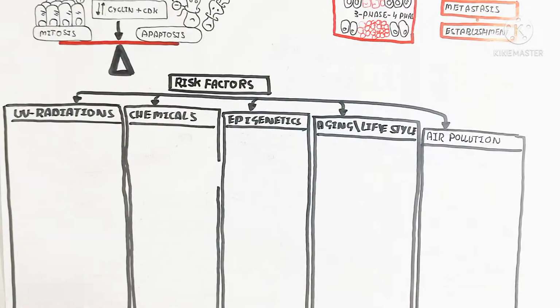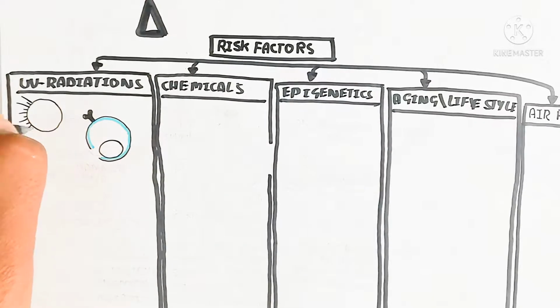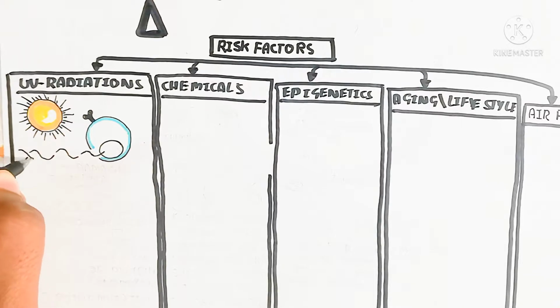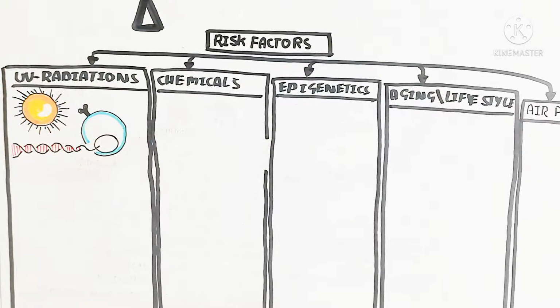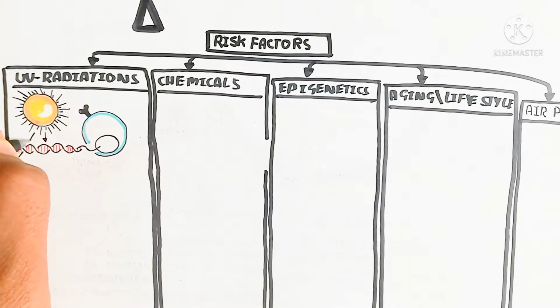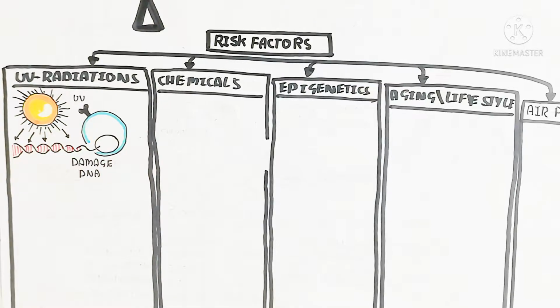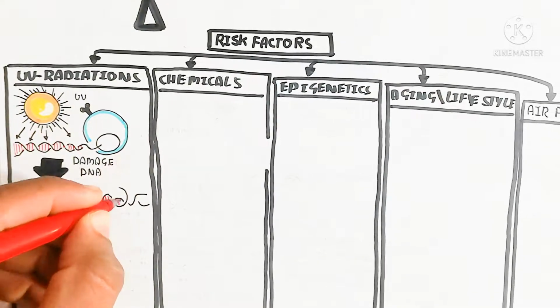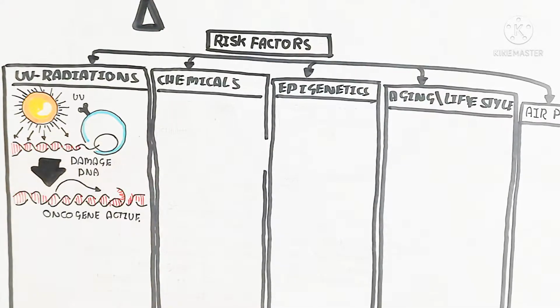So first of all, we will understand UV radiation. UV radiation is basically sunlight, which contains ultraviolet radiation, which will damage the DNA. After the damaging of the DNA, mutation will be caused, and the tumor suppressor and oncogene can be damaged. So in this way, the oncogene leads to uncontrolled transcription and production of protein, the oncoprotein.